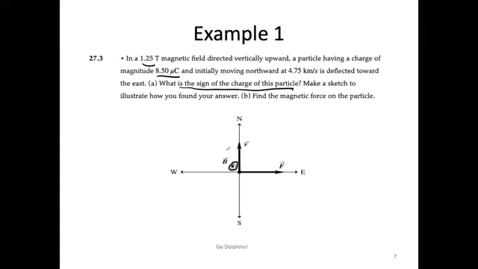So we use our forefingers in the direction of V, and then we curve them into the direction of B. Our thumb should be pointing to the right, in the same direction as the force, which tells us this is a positive charge. And now it asks us what's the force?